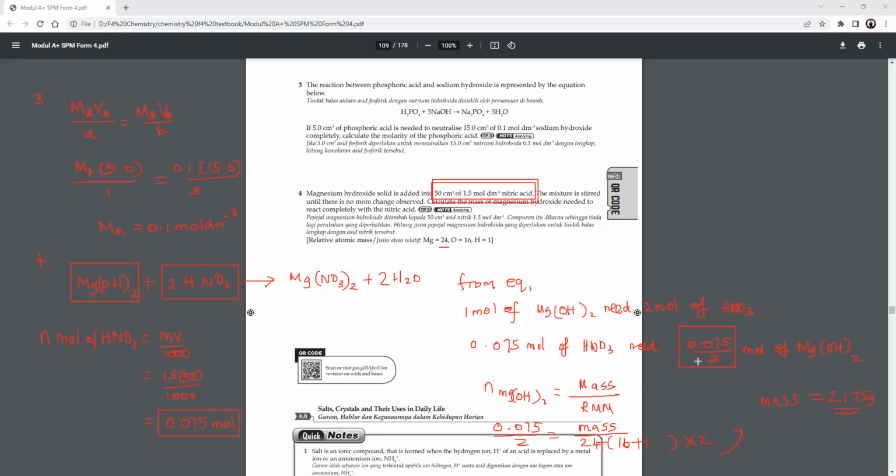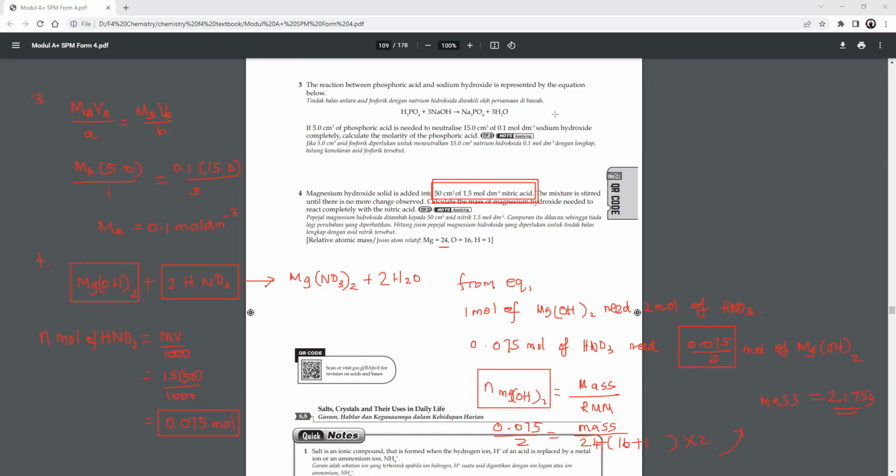So now this number of moles of MgOH2 is, because it is solid, mass over RM, the relative atomic mass or relative molecular mass. Relative molecular mass: Mg is 24, right? OH times 2, O is 16, H is 1, times 2.